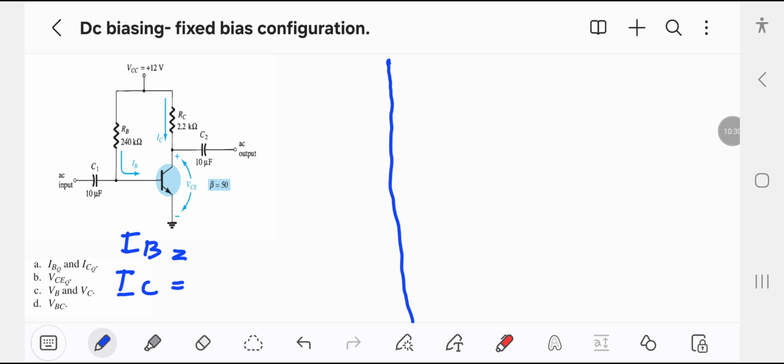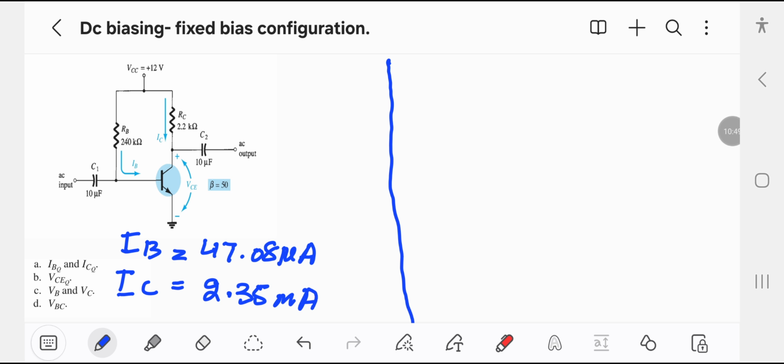So IB is equal to 47.08 microampere, IC is equal to 2.35 milliampere.